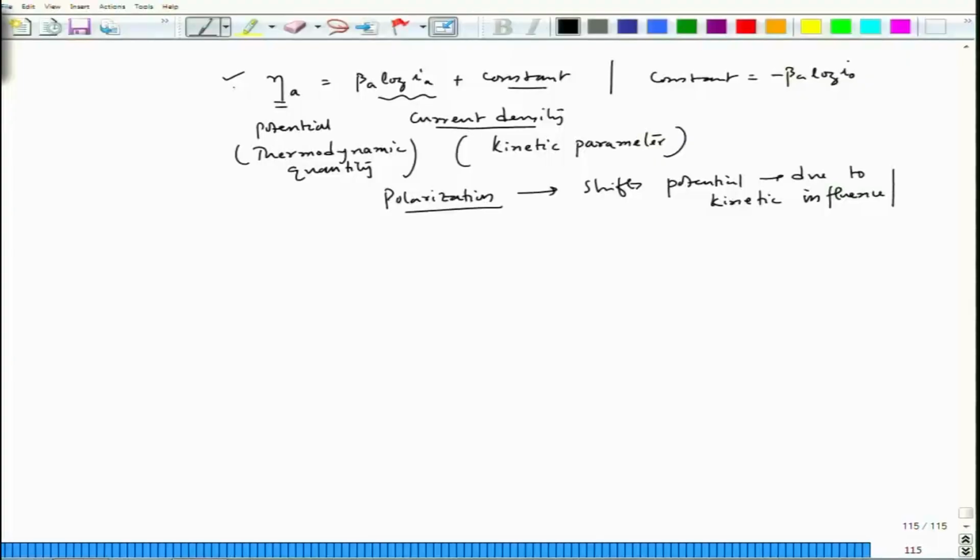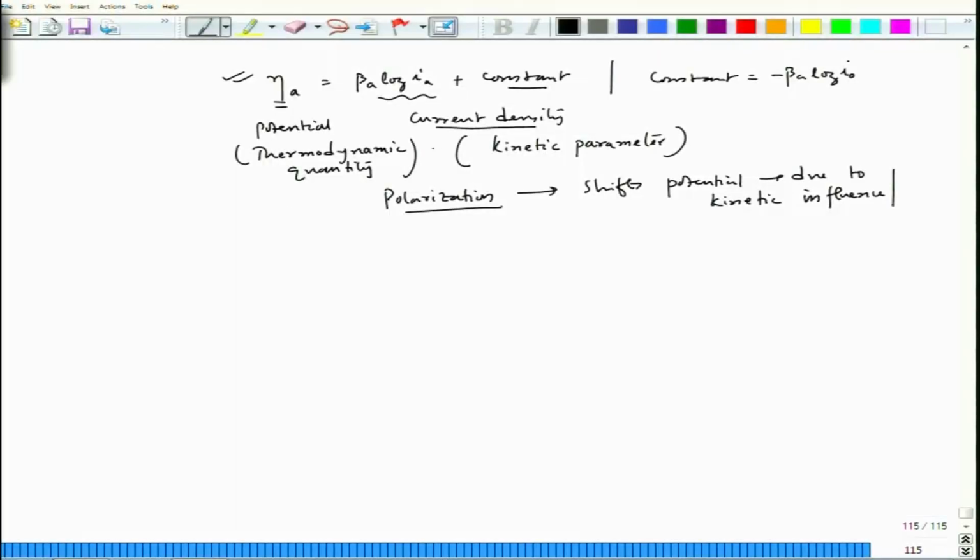We will see that there are two routes of protection mechanism of metals and alloys from corrosion. One is cathodic protection, another one is anodic protection. Unless we know and unless we understand this Tafel equation or the relation between current density and polarized potential, we will not be able to understand those protection mechanisms properly.